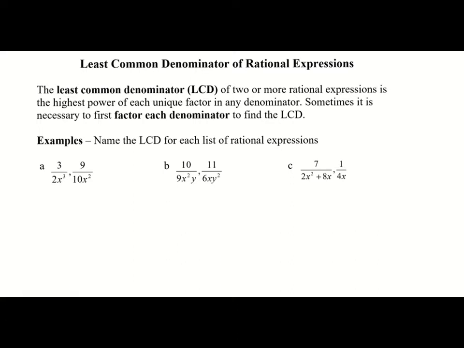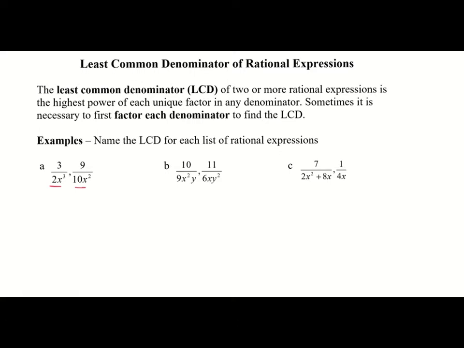So here for A, I have two monomials in my denominators. I have 2x cubed and 10x squared. So we have unique factors. We have 2 and 10, which are the numbers. So if I were to add two fractions together that had a denominator of 2 and 10, what's the smallest multiple of 2 and 10 that will work?